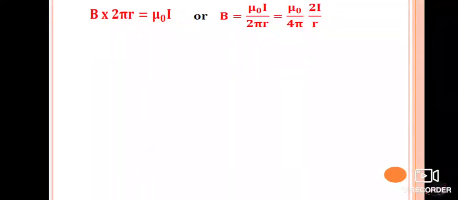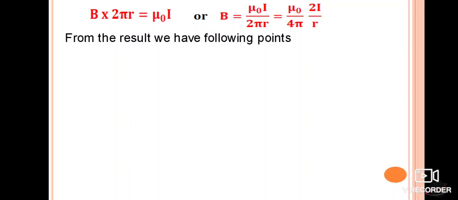From this, B is equal to mu naught I divided by 2 pi r, or the same equation we can write as mu naught by 4 pi into 2I by r. From this result we have the following points.